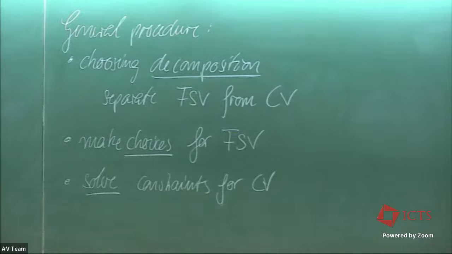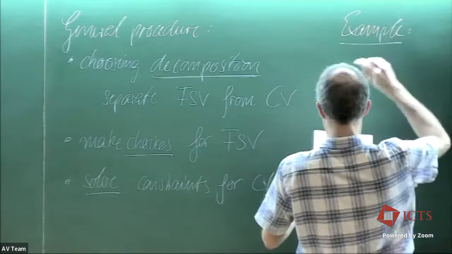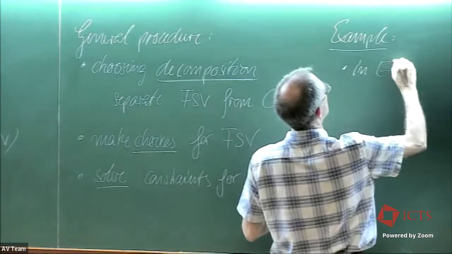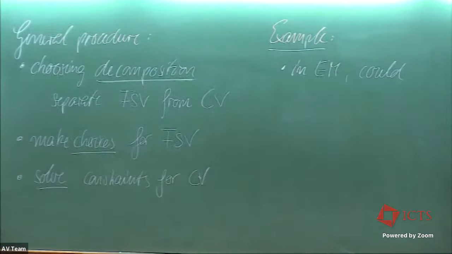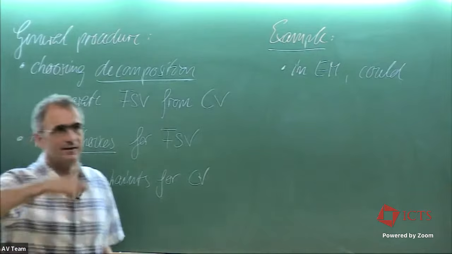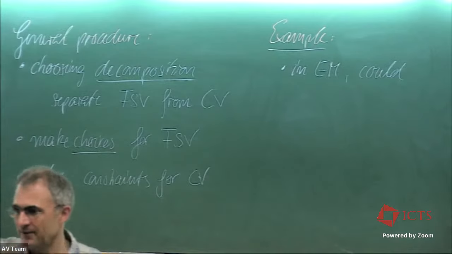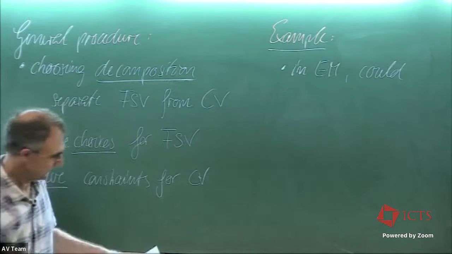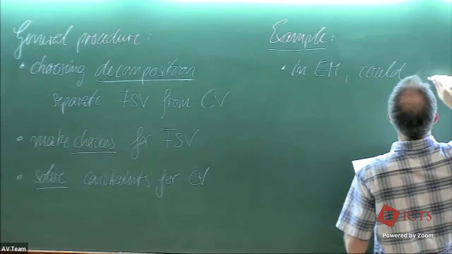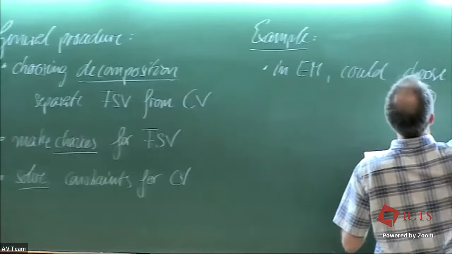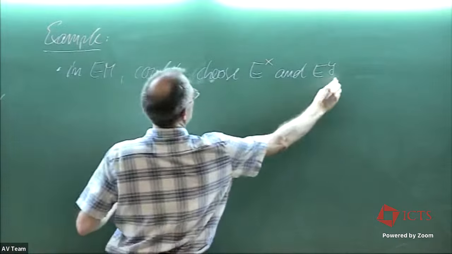Okay, so let's think about an example. How could we imagine doing that in E&M? One option would be to say, well, let's say we have this in Cartesian coordinates. Then the E field has 3 components, EX, EY, EZ. How about I choose EX and EY, and then I can solve the equations for EZ.